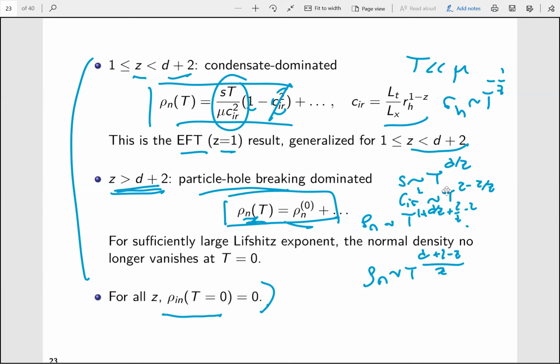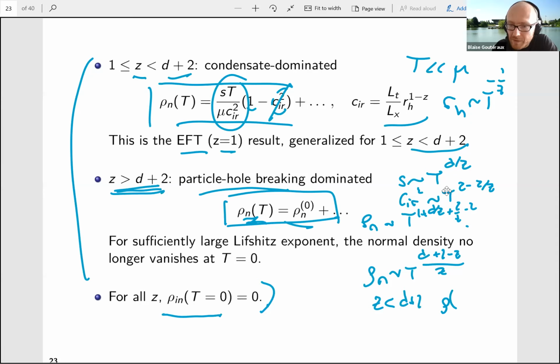So you can see that if Z is less than D plus 2, then rho n is 0. Oh, I see. You are saying that it's this fact that gives you the second formula. More precisely, it tells me that for z greater than d plus 2, this formula must be breaking down because it doesn't make sense that rho n diverges at 0 temperature.